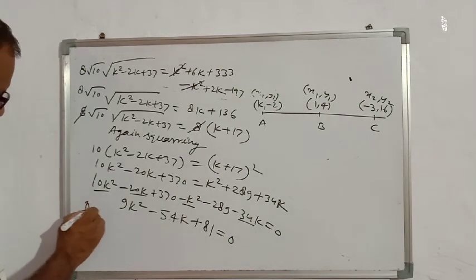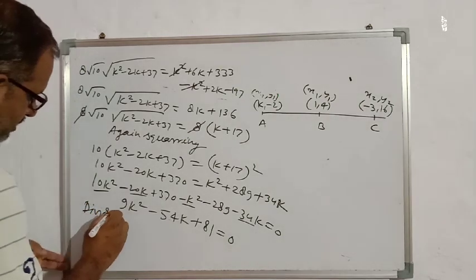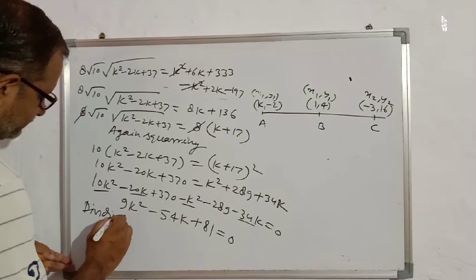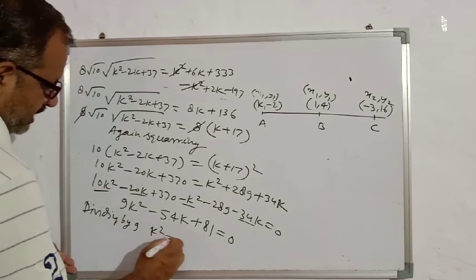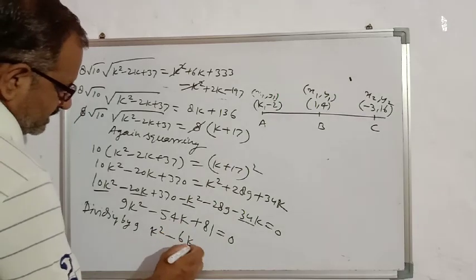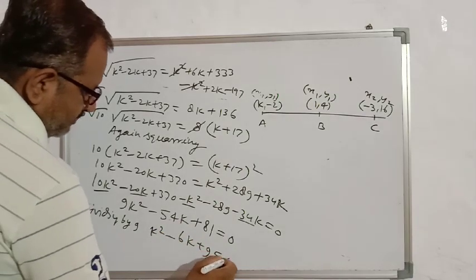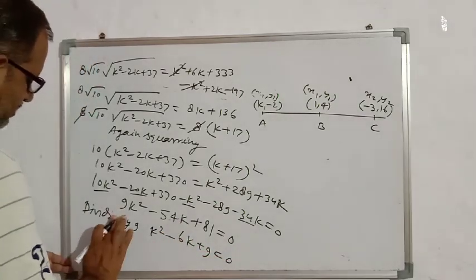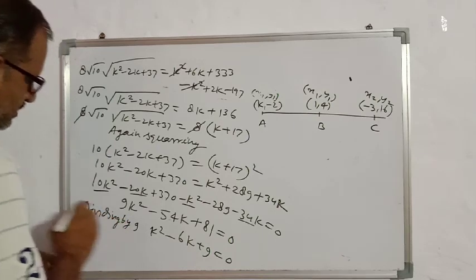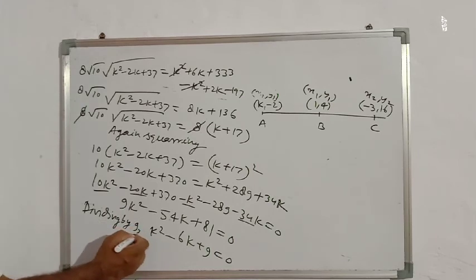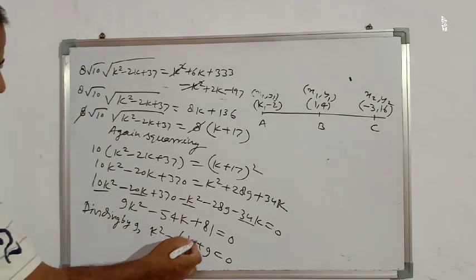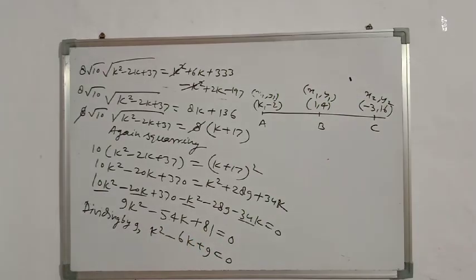Dividing by 9, it will be k square, 9 sixes are 54 so 6k, 9 nines are 81. So dividing both sides by 9, k square minus 6k plus 9.